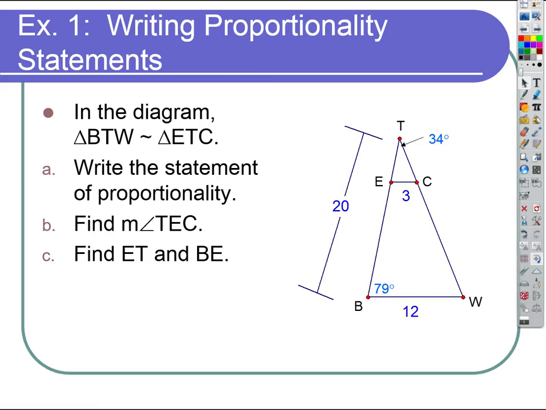Okay. So let's take a look at the situation right here. If we've got triangle BTW, so that's the big one, and triangle ETC, and we're told they're similar, what does that mean? They're similar. Good.